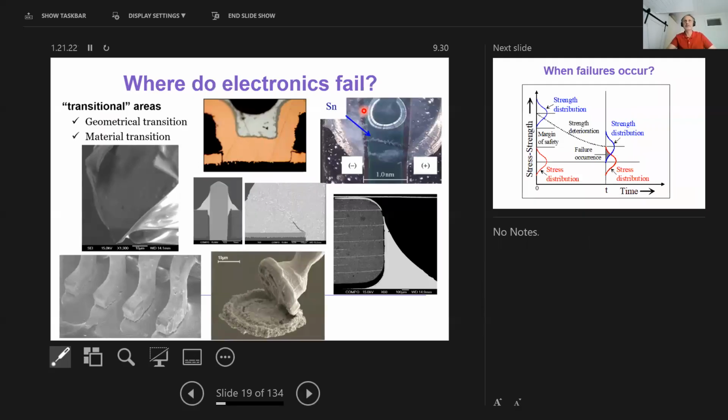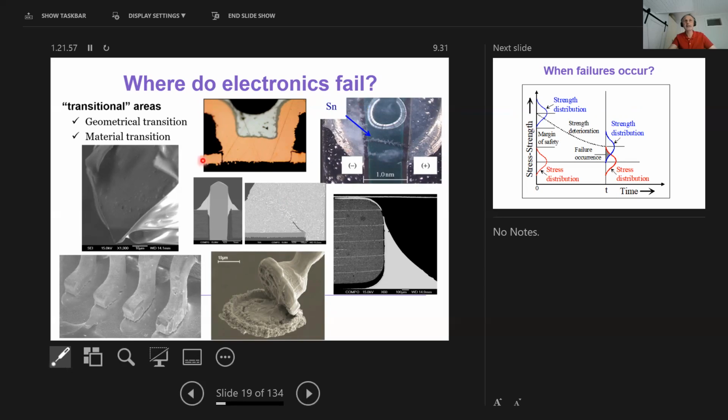Where do electronics fail? So maybe it's not even electronics. Where does whatever product fail? It's typically some kind of a transitional area, so a location where something is changing. It can be geometry. Let's say you have a corner like here. This is a microwire from a printed wiring board.